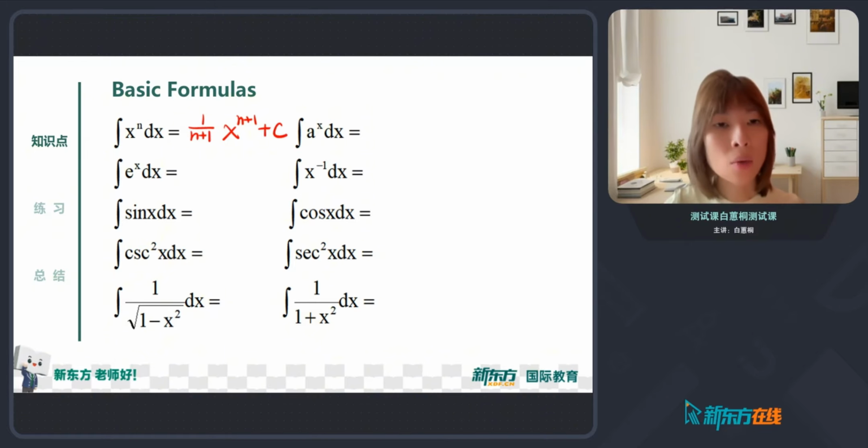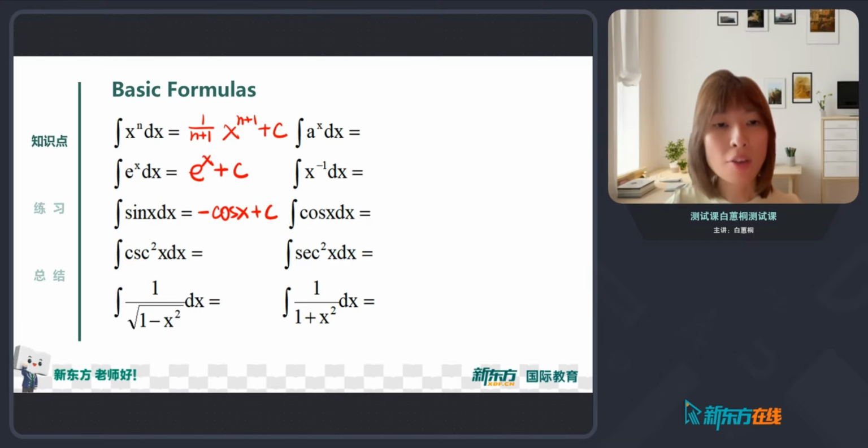And then for the second one, because we know the derivative of e to the power of x is itself, the integration is going to be the same thing. So the integration of e to the power of x is going to be itself, but do not forget to write down c after that, okay? And then the integration of sine x is going to be negative cosine x plus c, right?